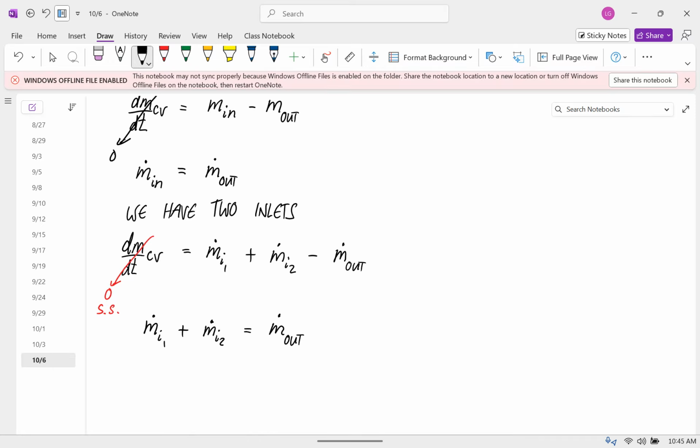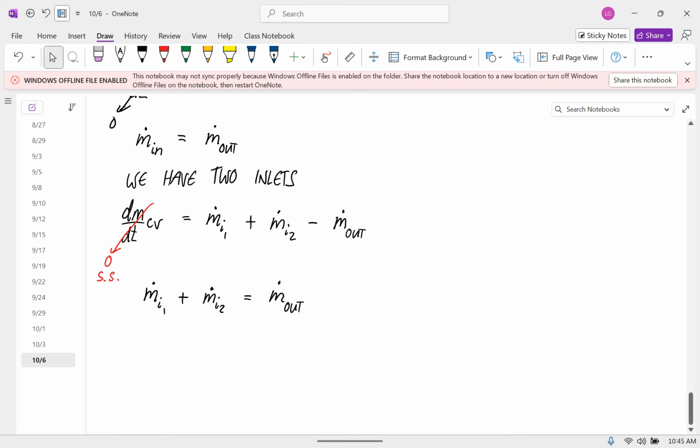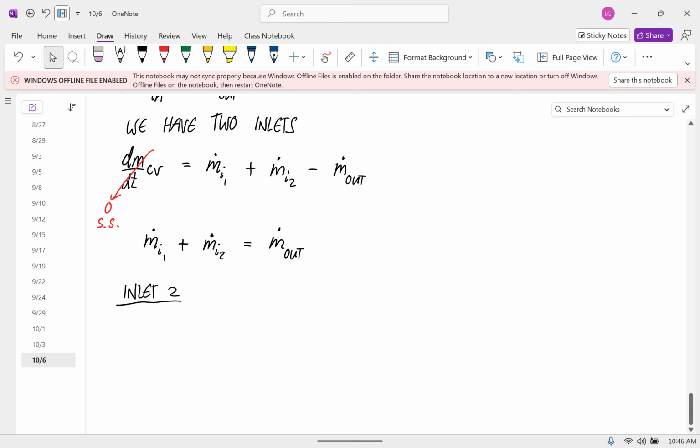We already have m_i1 dot. m_i2, so what can we figure out about that? Well, at inlet 2, we have liquid water with a known pressure and a known temperature.